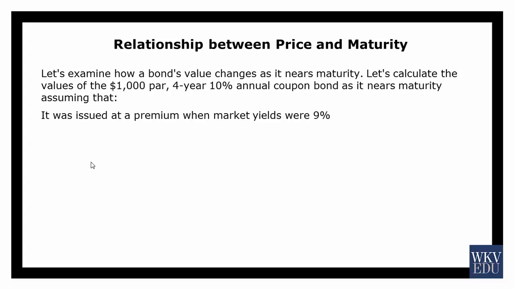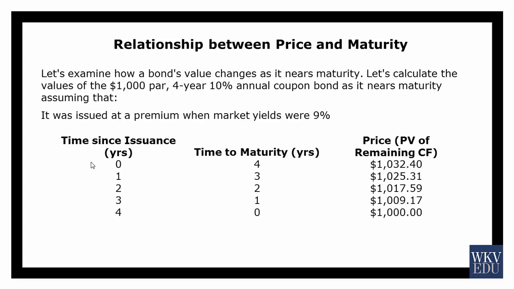Therefore, it has to be issued at a premium. The second scenario is a discount, when it was issued at 11%. This is our first scenario of premium. So we'll be looking at both the scenarios.